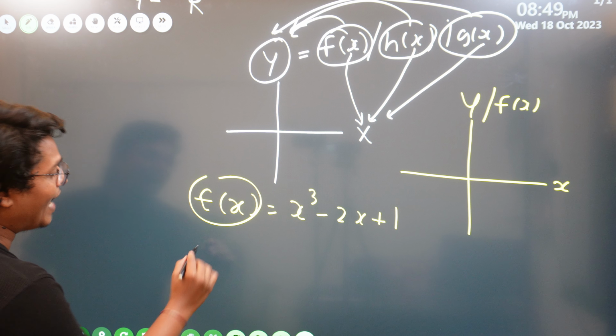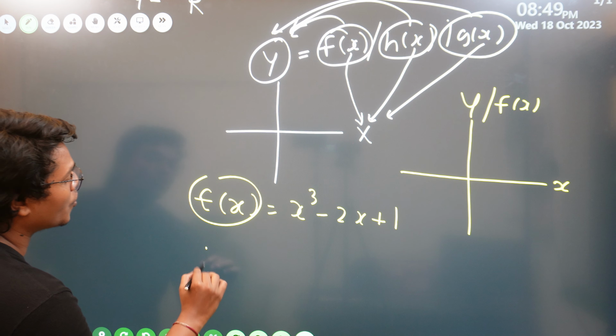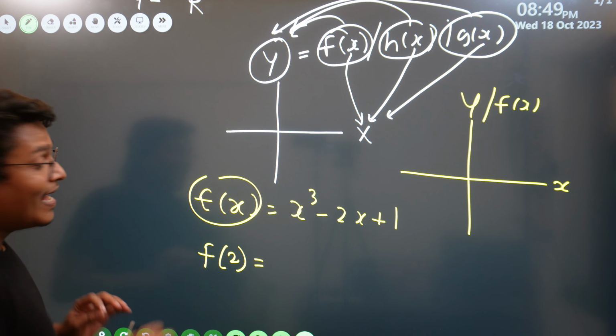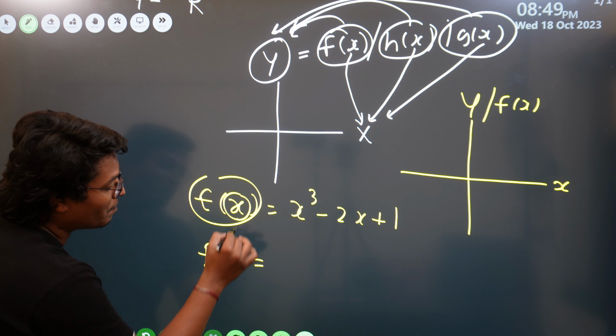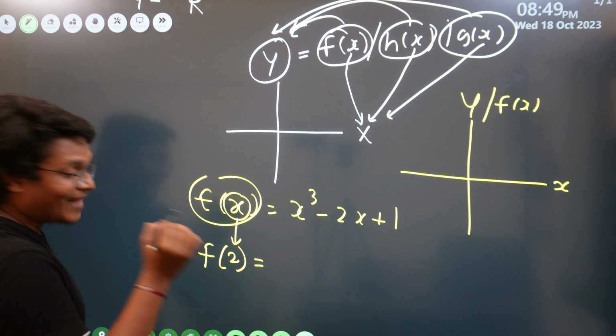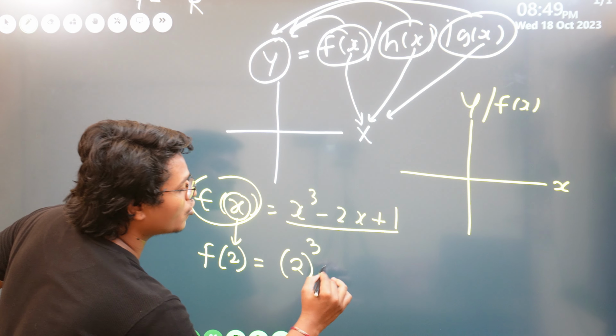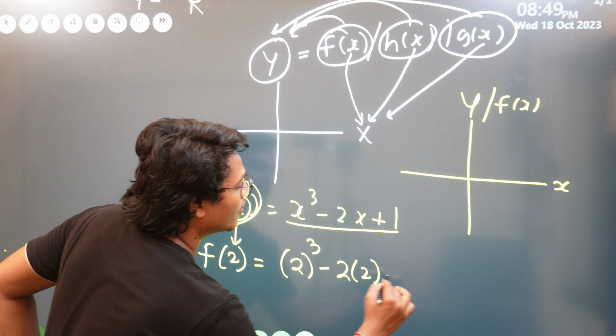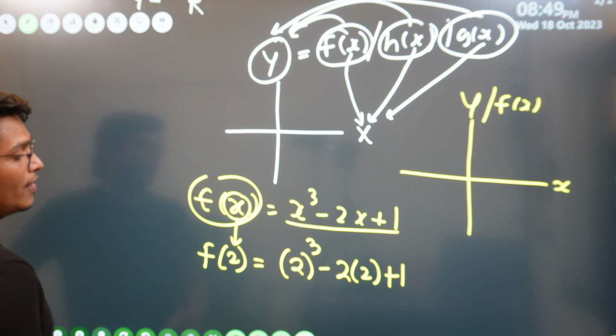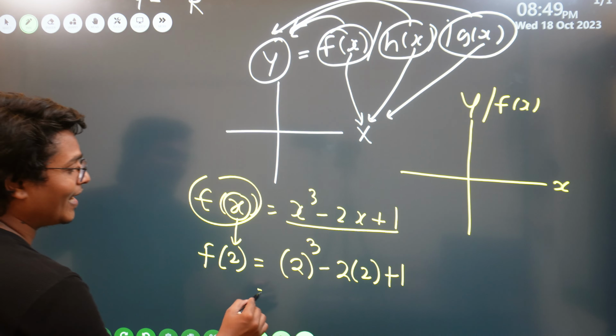Now if I am asking you to find the value of f of 2, my x is being replaced by 2. So whatever is given on the right side, wherever x is coming, I will replace it with 2. Getting it or not? And then I will calculate the answer.